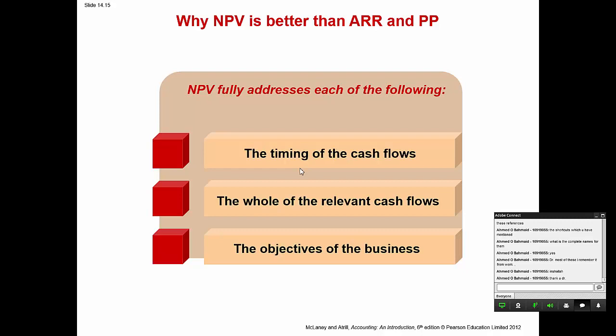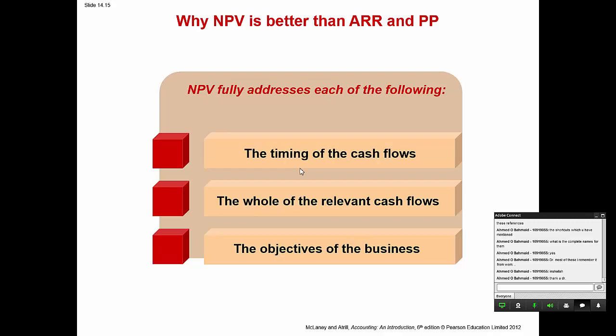That means if you receive 1 riyal after 1 year, it will not equal 1 riyal that you receive today. It will be less than 1 riyal that you receive today. And the second reason that makes NPV better than ARR and payback period is that all the cash flows are considered. And the third reason is that the objective of the business, which is wealth maximization, is considered also.